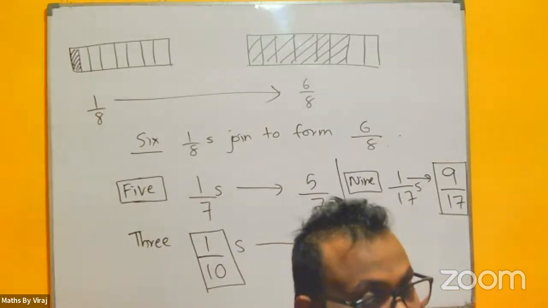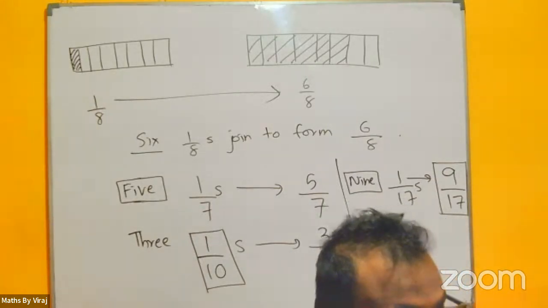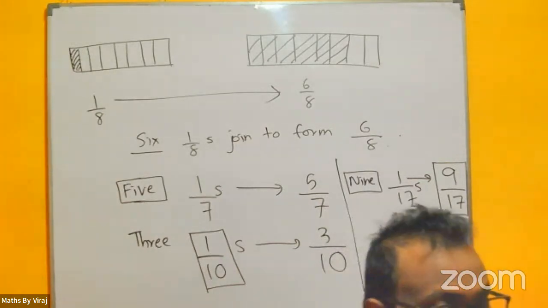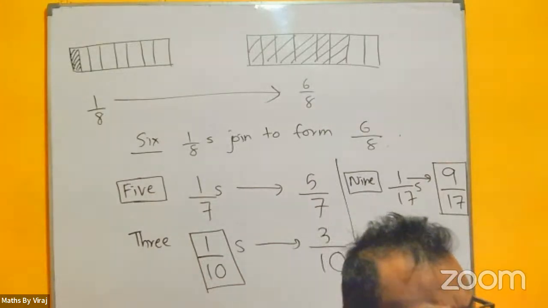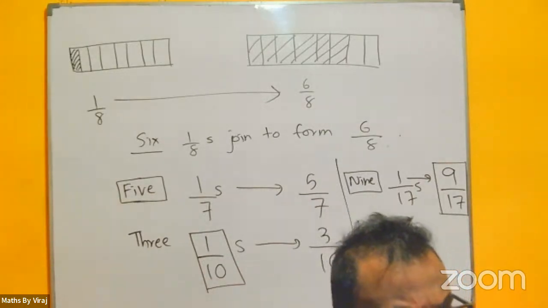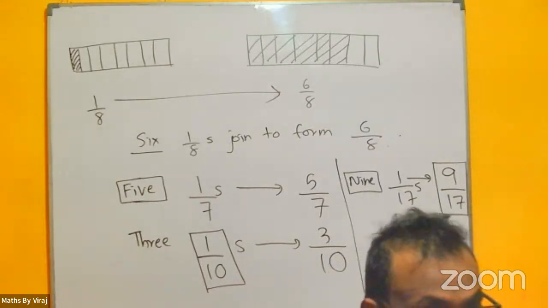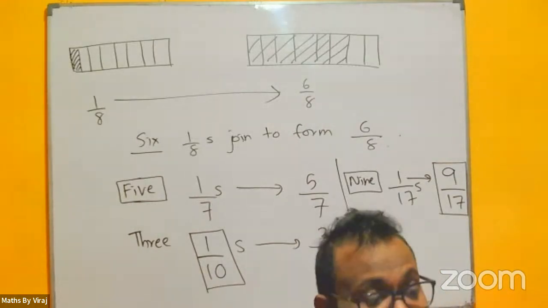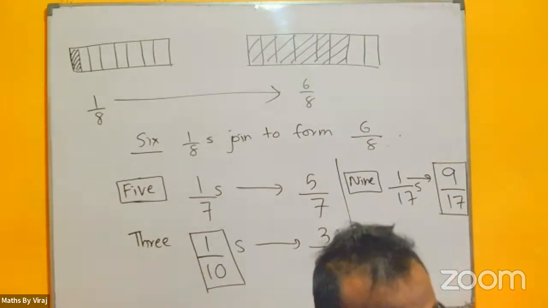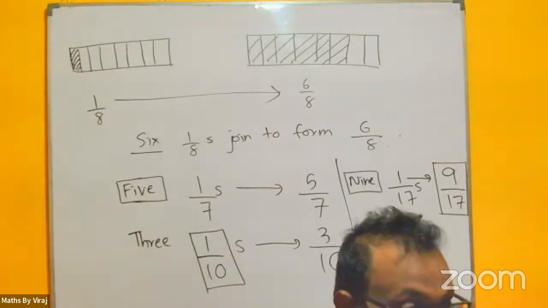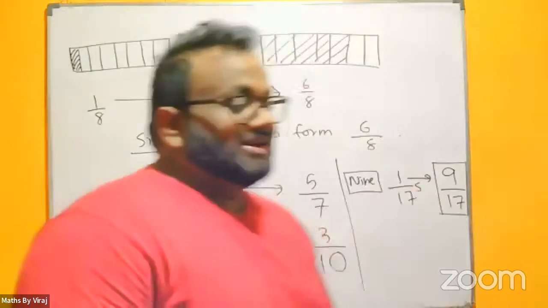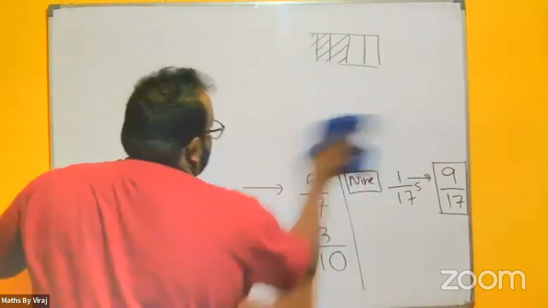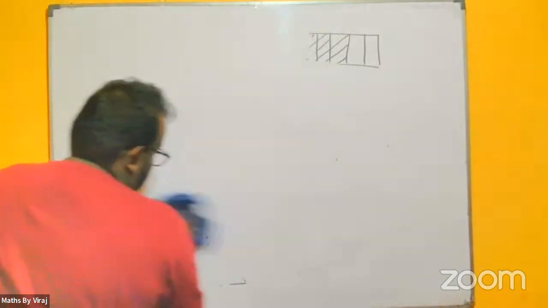If we join 3 over 8 two times, will it form 6 over 8? Yes, indeed. Very good. Yes, it would. 3 over 8 two times would form 6 over 8. Very nice. Thank you, sir. Yeah, it would.